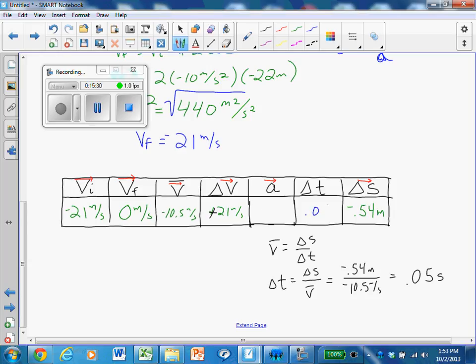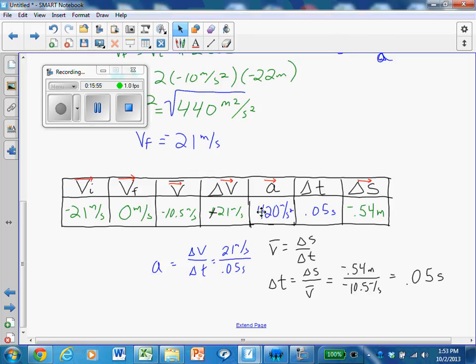Now we can get our acceleration. That's the interesting part of this anyways. Delta V over delta T, 21 meters per second divided by 0.05 seconds. It's 420 meters per second squared. Quite an acceleration, but a lot less than if it was a block of pavement.